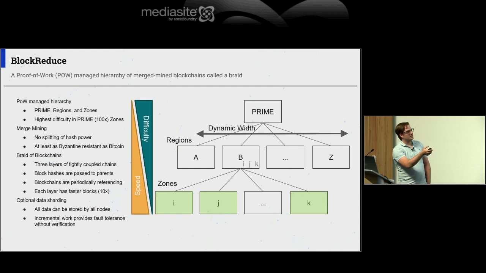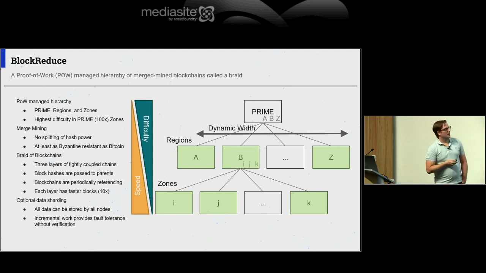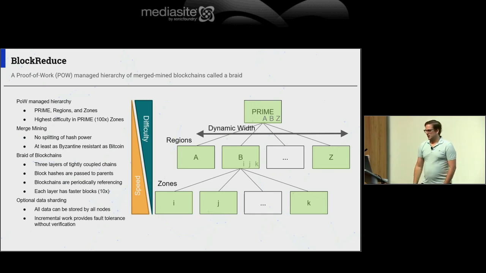Statistically, I would find, say, 10 zone blocks in region A before I found a region block in B because of the difference in difficulty. So some number of these zone blocks get rolled up, recorded as hashes in B. Then you start finding region blocks. Those region blocks get recorded as hashes in prime. And then you'd finally find a prime block.